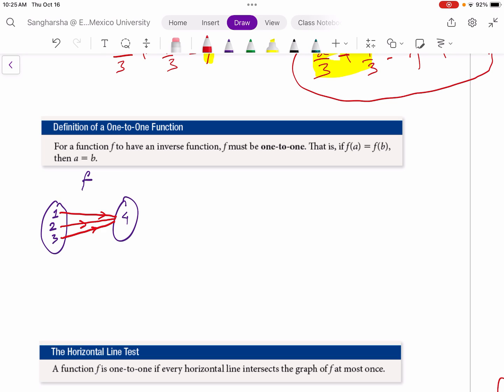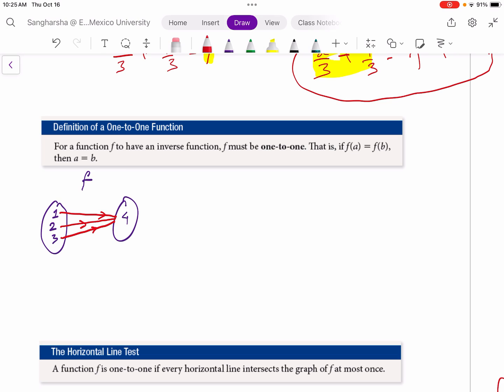To be a function, every element from the first set must have exactly one element in the second set. So do we have every element from the first set corresponding to exactly one element in the second set?